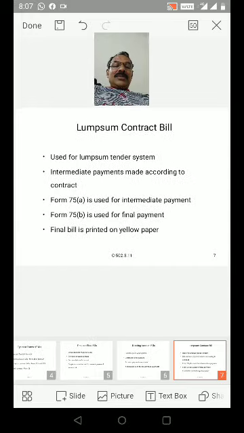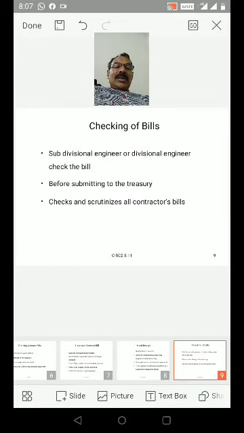Then checking of bills, that is, checking and scrutinizing all contractor bills before submitting to the treasury.